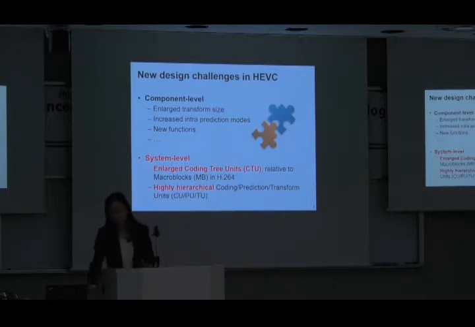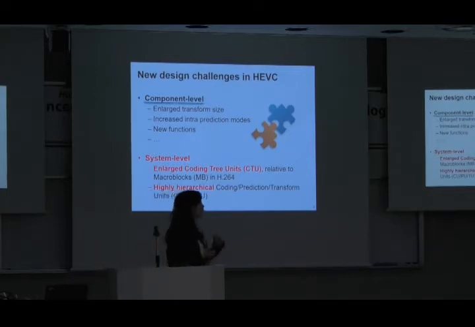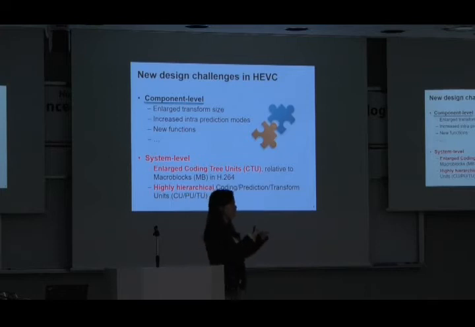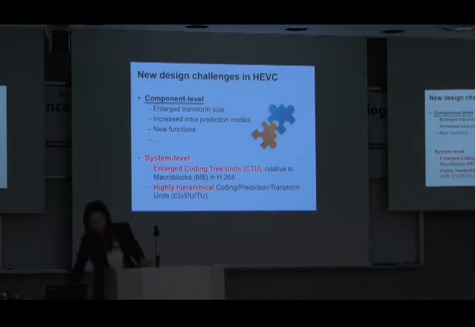First, at the component level, there are many components in the whole decoder. But compared to the previous standard, the transform size, you just think about the transform part, is enlarged. Another thing is that some modes are increased, and we also add some new functions in the new standard, so it becomes more complex than the previous one.